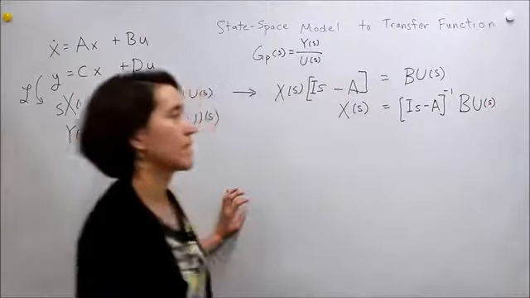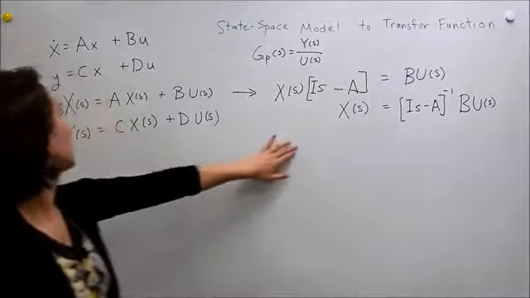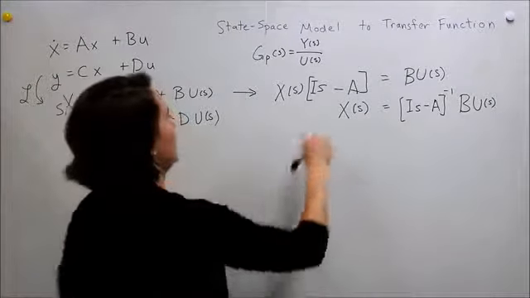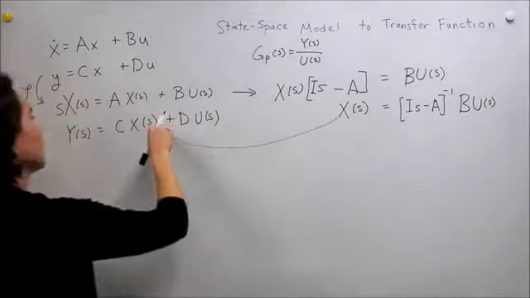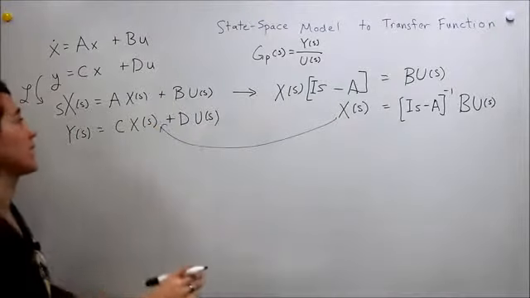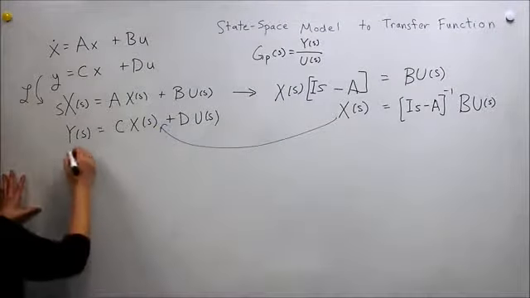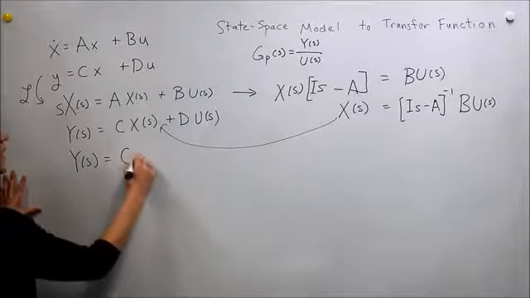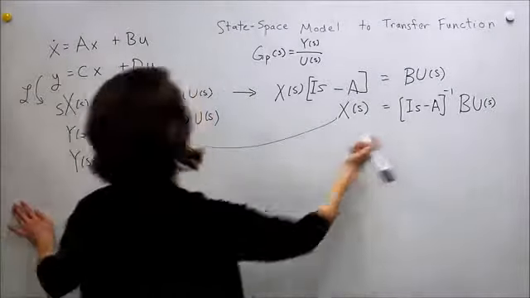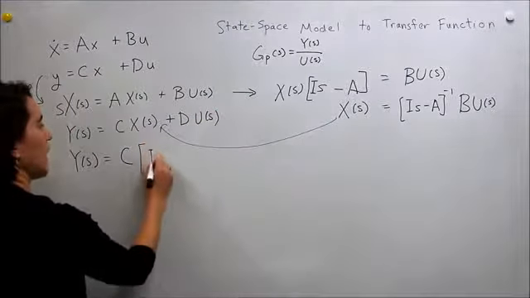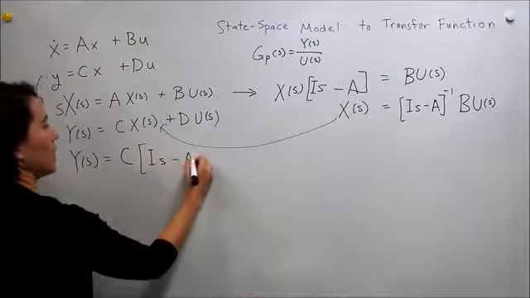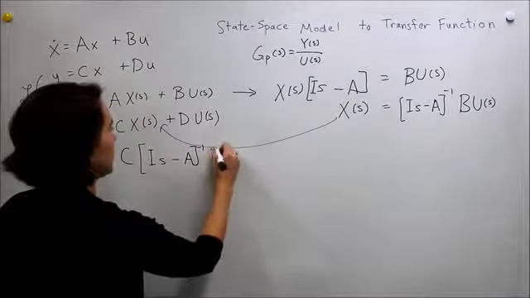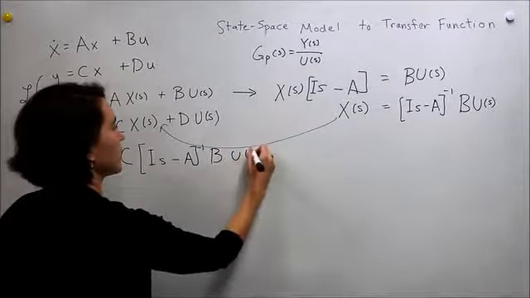Okay? Well, now we can take that and put it into this equation. So put this right here, replace it there so that we can get rid of our x. And then we'll get Y(s) equals C times, well, this part: the inverse of (sI minus A), times BU(s).